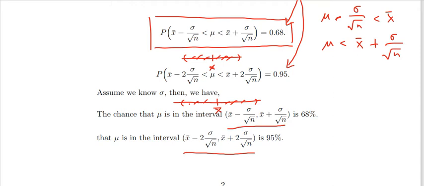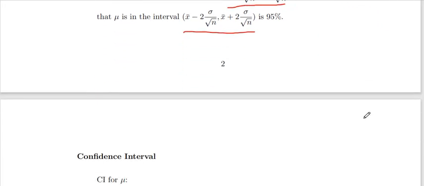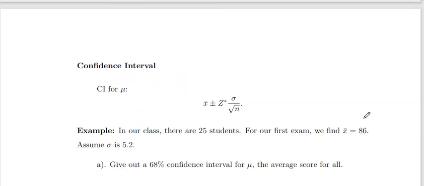We call this interval a confidence interval. So this one is a 68% confidence interval, and this one is a 95% confidence interval. In general, we call those intervals confidence intervals.